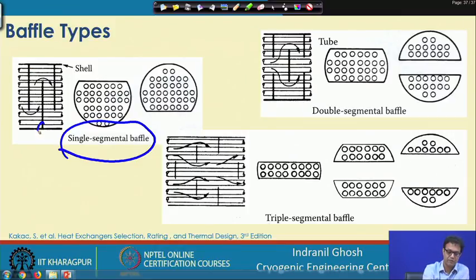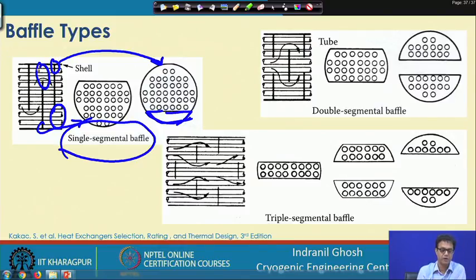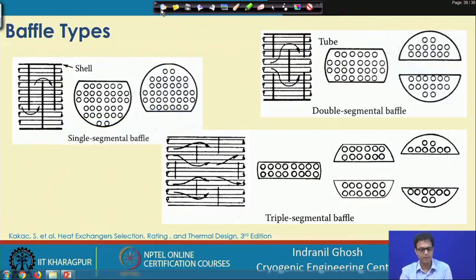About 30 to 35 percent of it is cut, and if that cut portion is on this side, the next successive one will be on the opposite end. That is how the single segmented baffle is used.